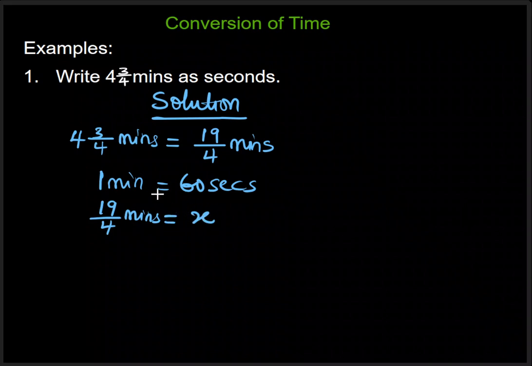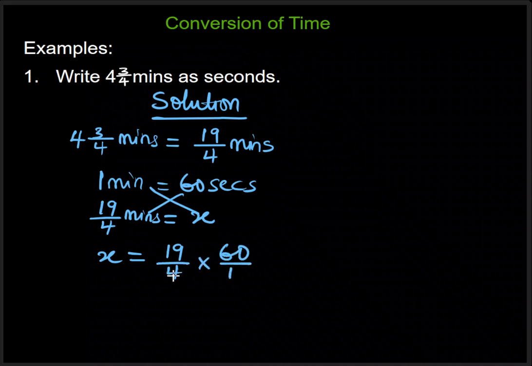All right. So that's direct proportion, we cross multiply. And what do we have? 1 times x, that will give us x equal to 19 over 4 times 60 all over 1. So 4 into 4 is 1, 4 into 60 is 15. And x will be equal to what? We are looking at 19 times 15.